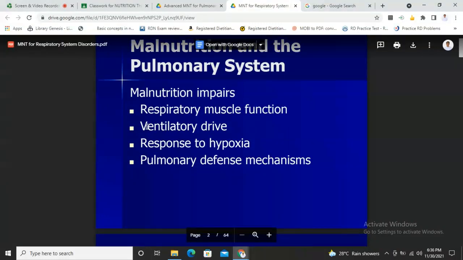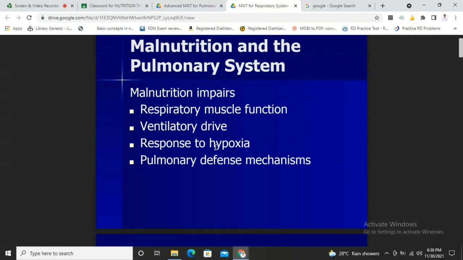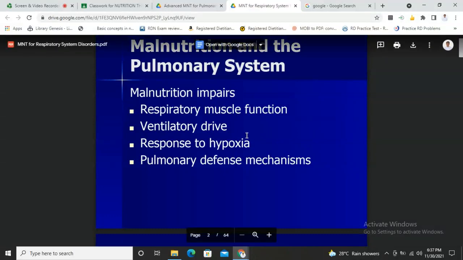Okay, so it reduces ventilatory drive, and the body would not be able to resist hypoxia as competently as in a healthy body, right? What is hypoxia? Hypoxia is actually the reduced oxygen perfusion into the cells, and of course that is caused by reduced oxygen uptake by the respiratory system.